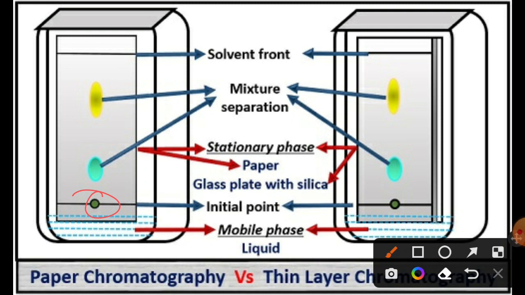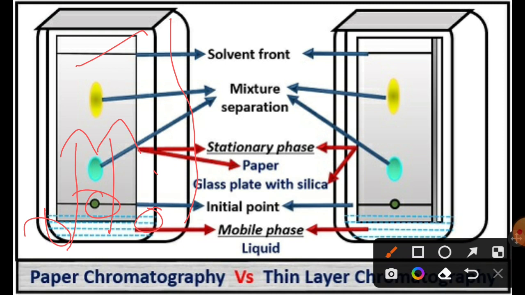Then we place our strip into a jar which contains a shallow layer of solvent, and this solvent via capillary action helps us to separate our molecules, right? So here the separation is entirely on the basis of their size and shape.